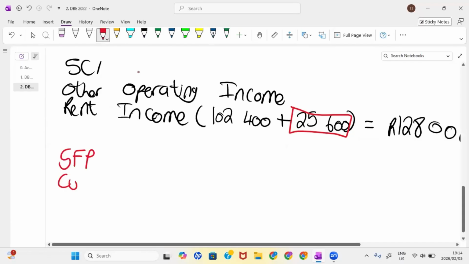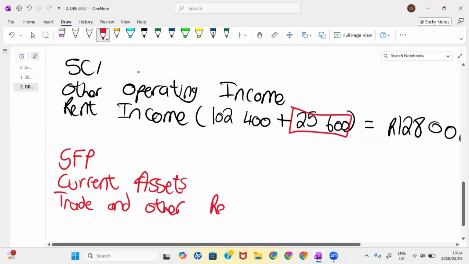under the current assets section, and we will record it under trade and other receivables. And then we are just going to add 25,600 rands, because obviously that's an accrued income.